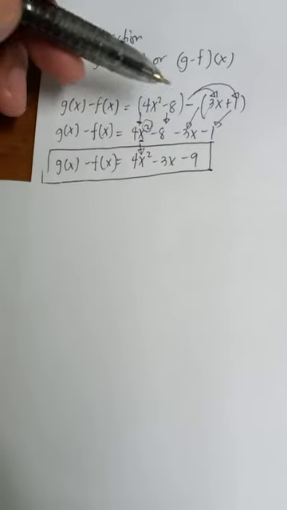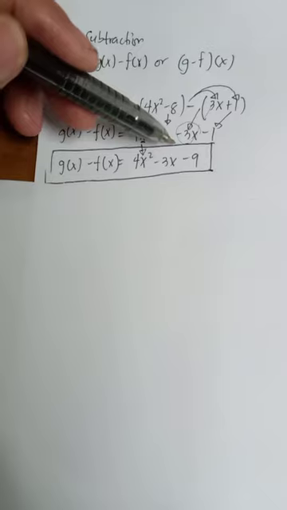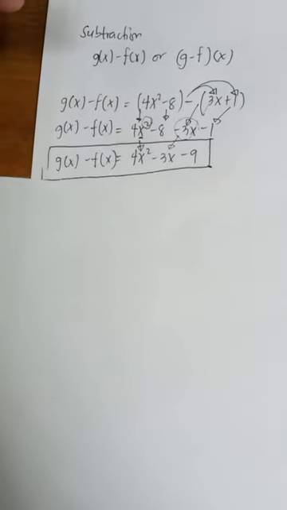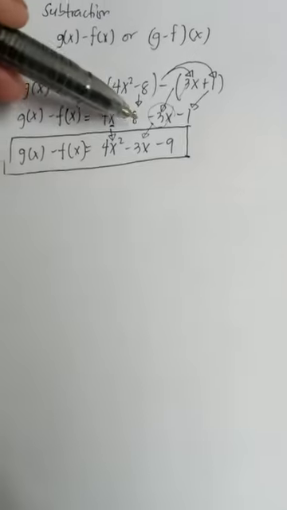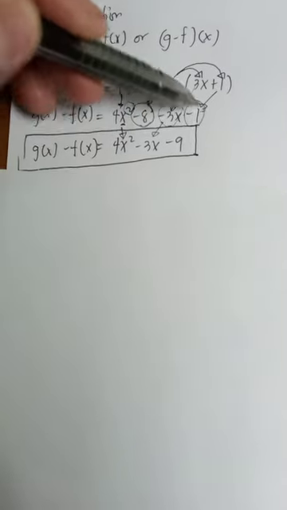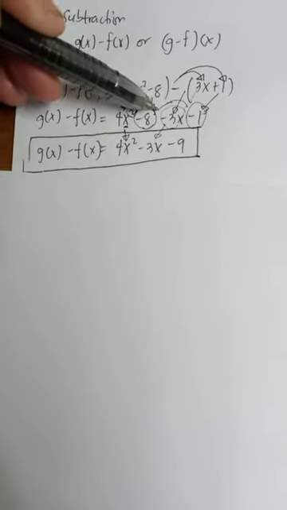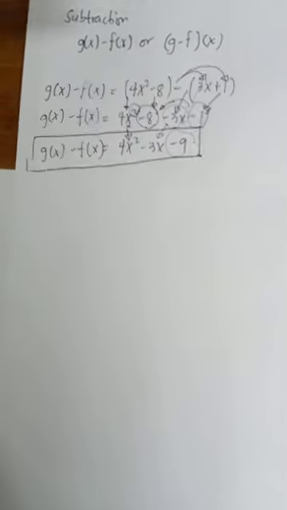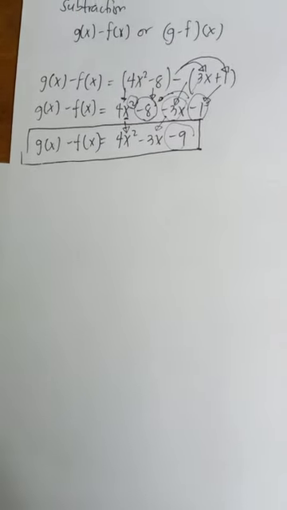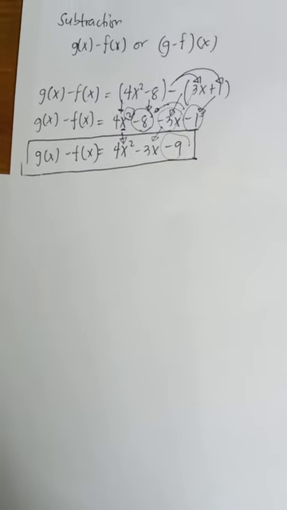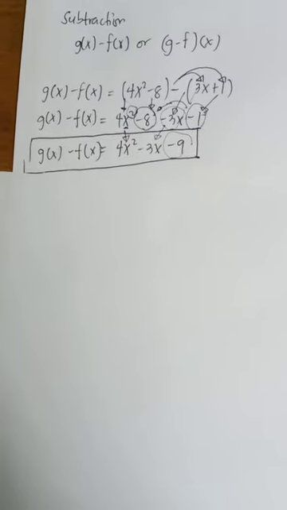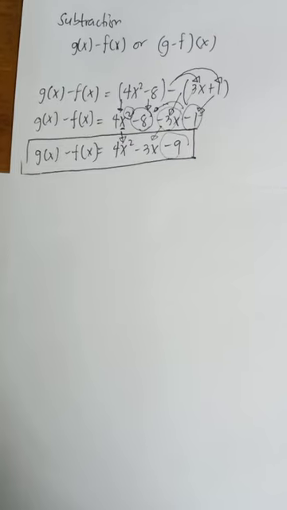And then also negative 3x, just bring down because it doesn't have like terms. And then the negative 8 and negative 1 will be added together. It will become negative 9. So therefore, our answer in this problem is 4x squared minus 3x minus 9.